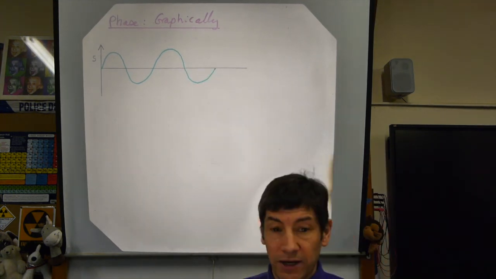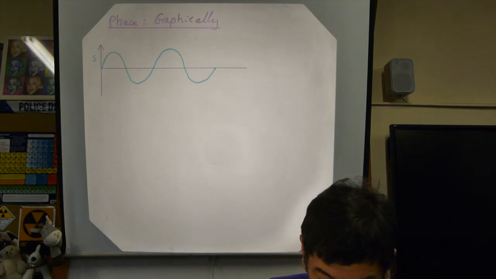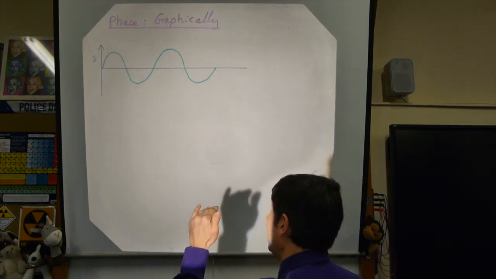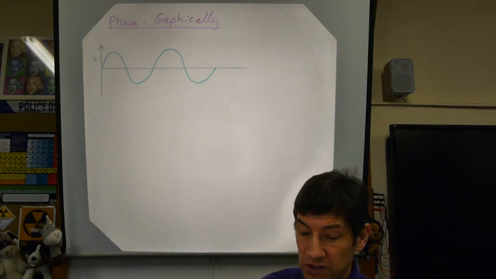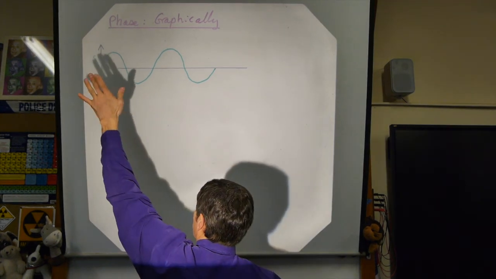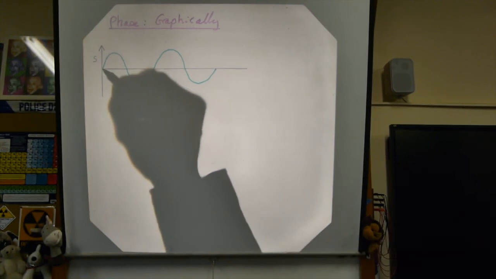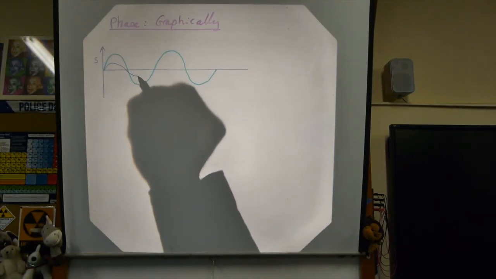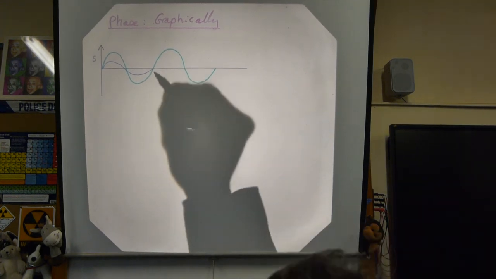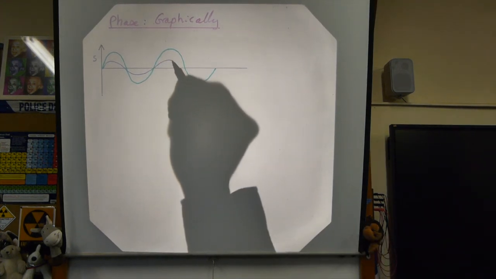Okay, that hasn't gone too badly, has it? And let's draw a second wave that is in phase with that one. So when every point on this wave is moving up, every point on the other wave is moving up as well. And you'll note that just for interest's sake, I'm drawing this wave at a lower amplitude.